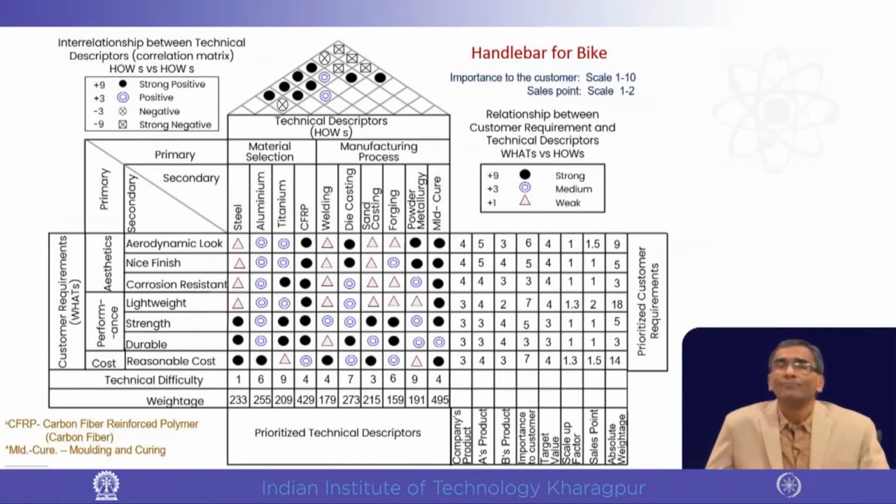Now, similarly for the technical descriptors, if we go to the top, we will break them into broad groups at the secondary level. Here the how is basically answered with 2 questions: what material is to be used, and how the material will be processed.